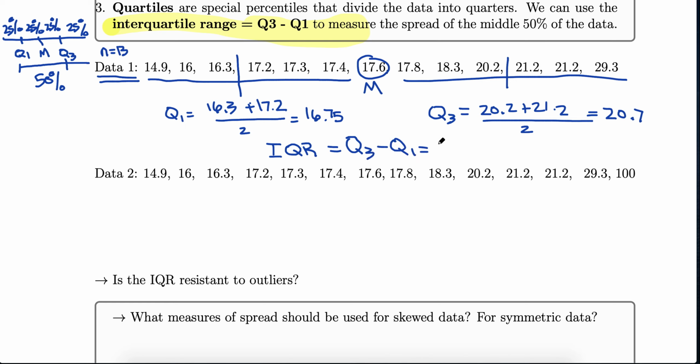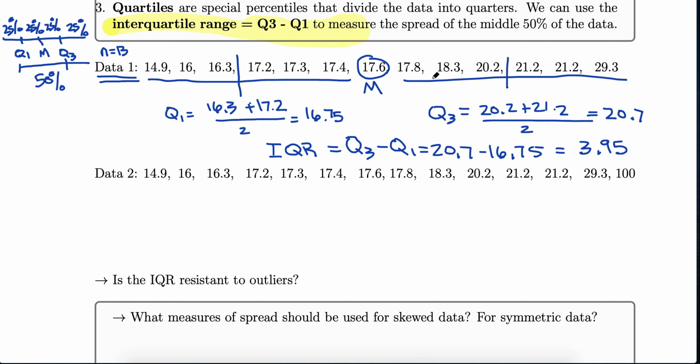When you take that difference, the 20.7, that's our Q3, minus the 16.75, you're going to get an interquartile range of 3.95. So that gives me an idea of the spread, or the distance covered by the middle 50% of the data.